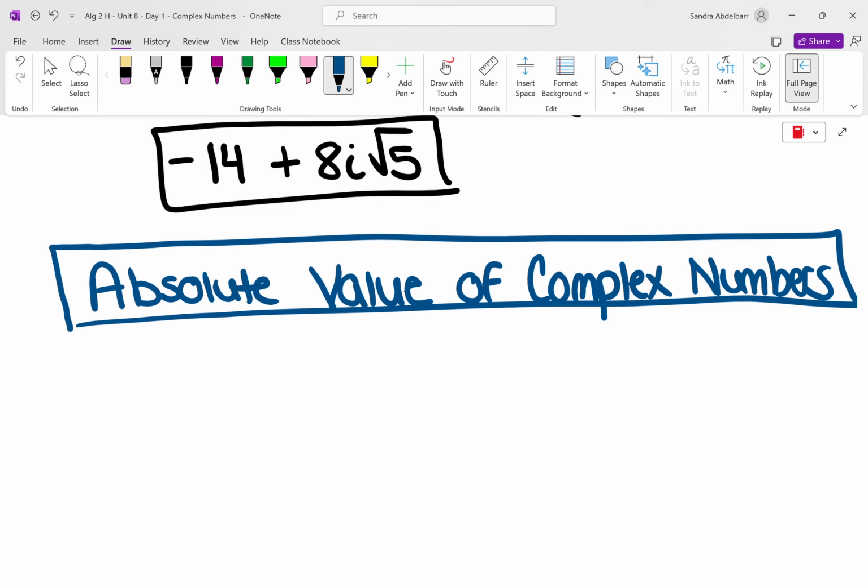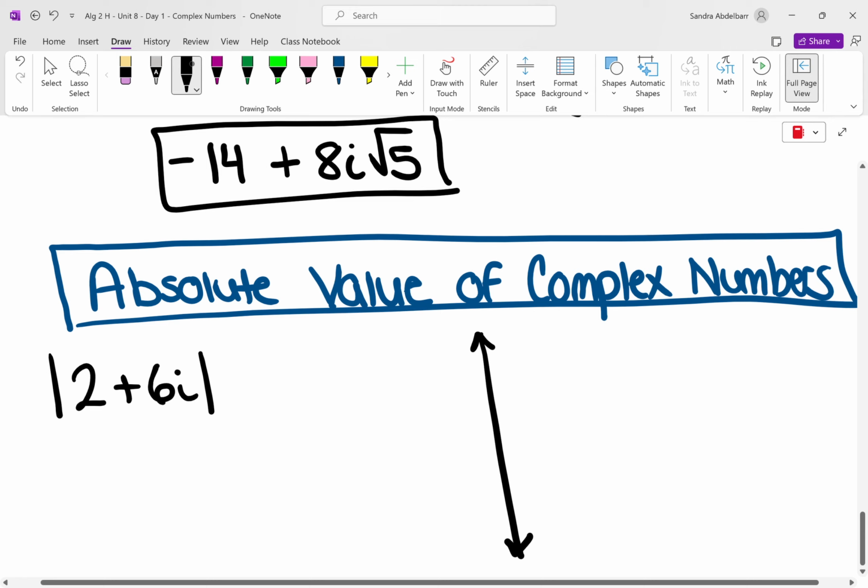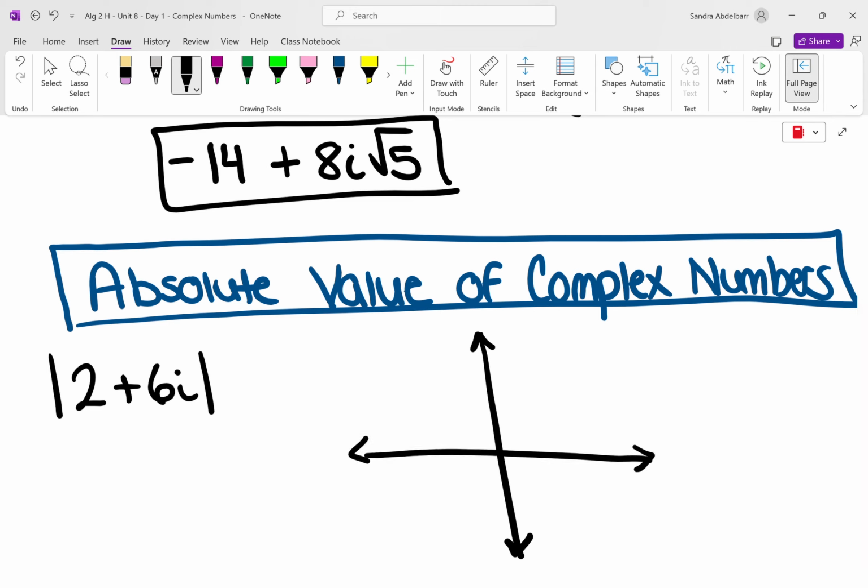All right, the absolute value of a complex number is a similar idea. How far is it from 0? But now I'm going to do this. I will tell you the shortcut, but I'm going to go about it the longer way first. So if I'm finding the absolute value of 2 plus 6i, we want to know how far is that from 0. Now, when we go to graph this, it's not going to be XY real numbers.